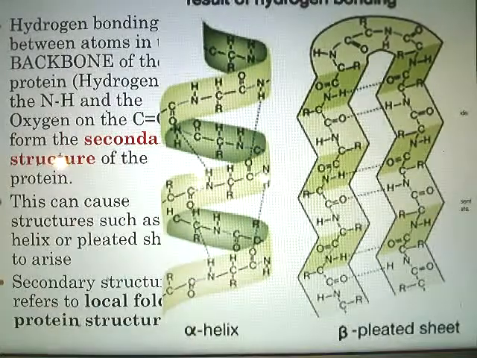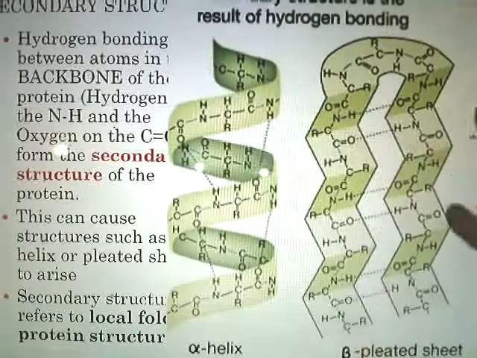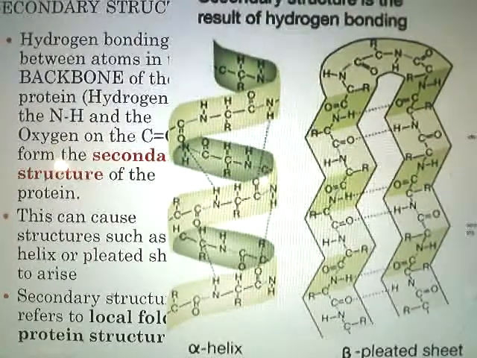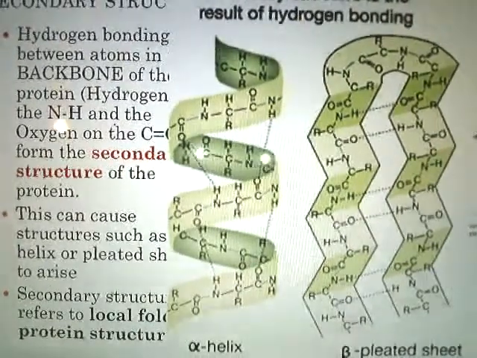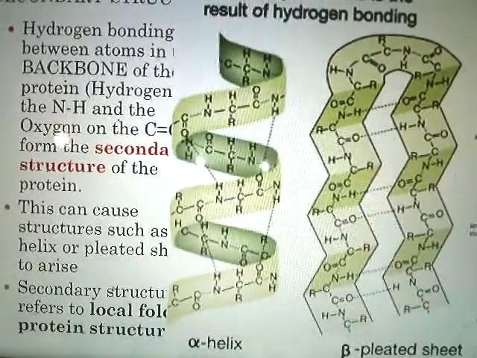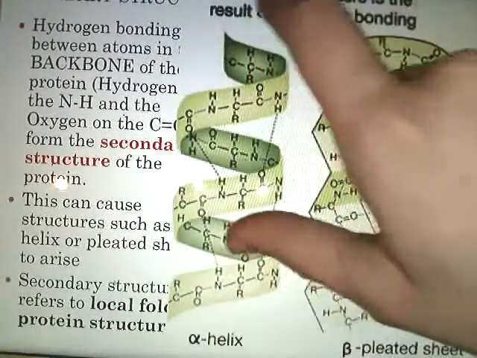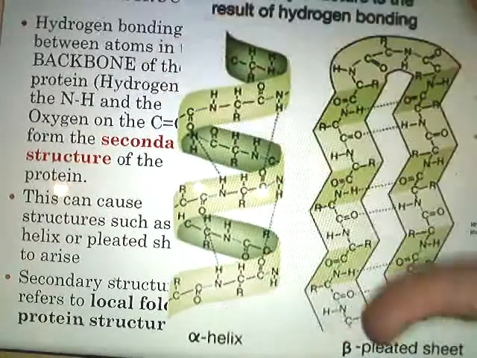What I mean by that is if you get insulin, or hemoglobin, or a different type of protein, they may all have an alpha helix, and that alpha helix will be exactly the same proportion in every single protein.